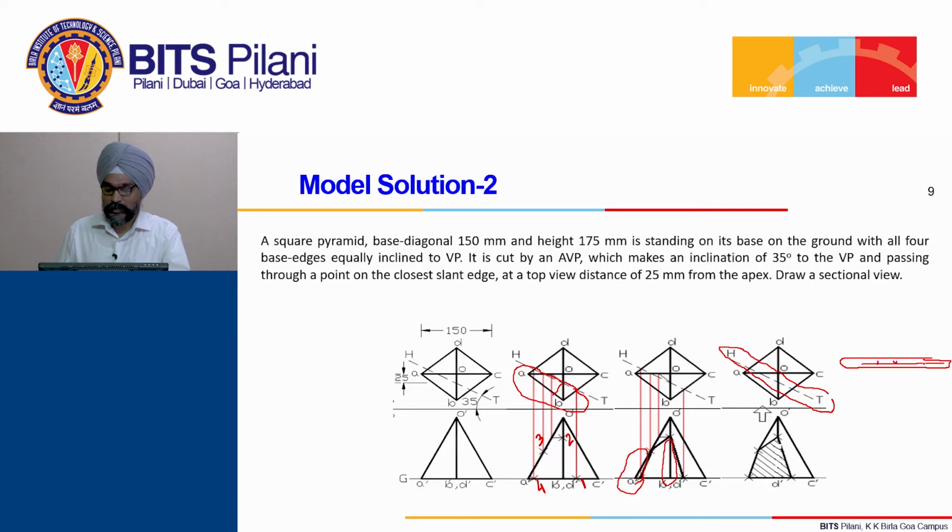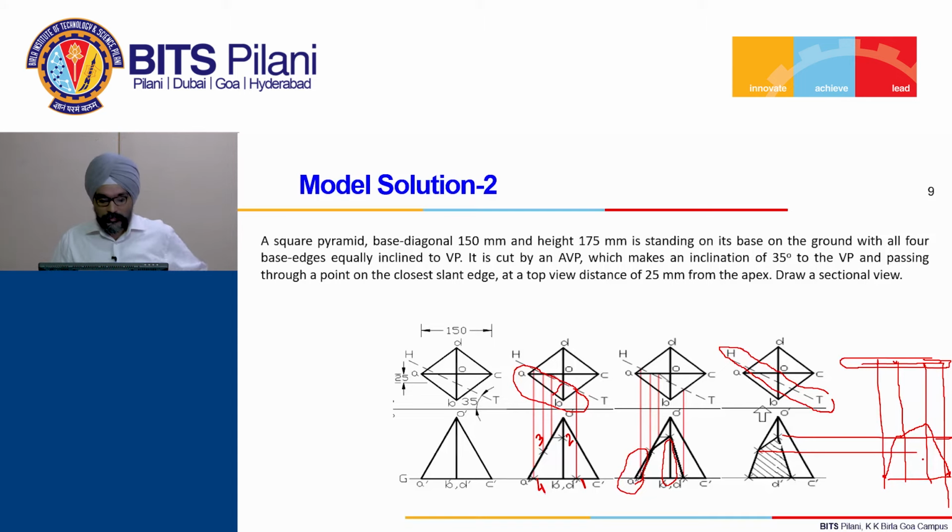From those points I'll drop the verticals, and the corresponding points from here I shall again draw. This way, if I draw an approximate shape, it will show up something like this. So the true shape also can be obtained in any of the section view problems.